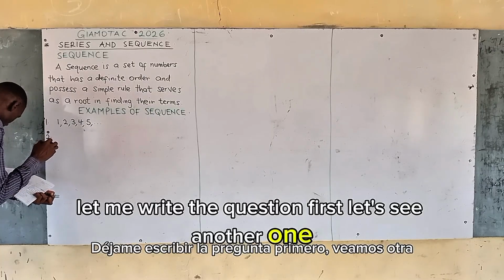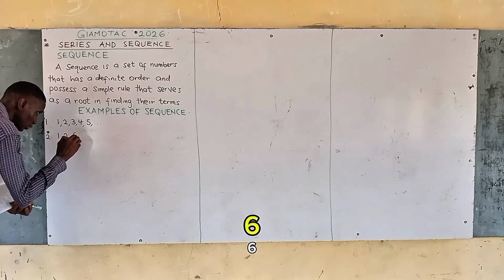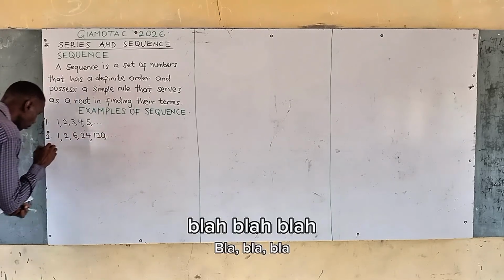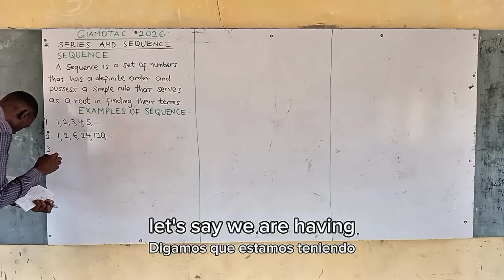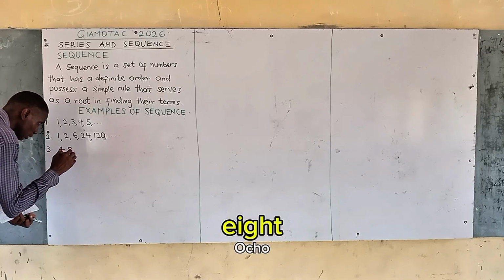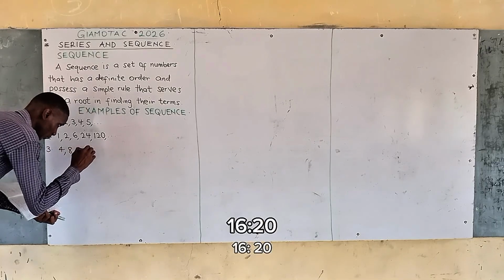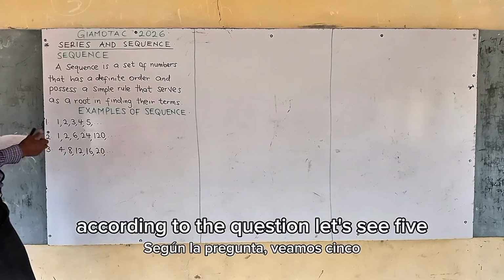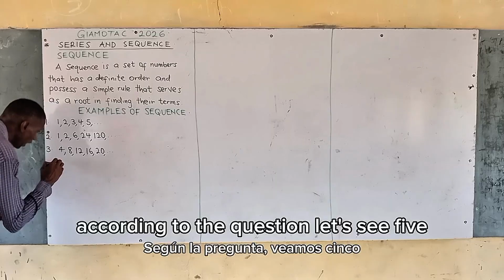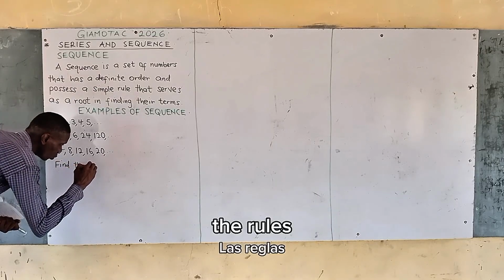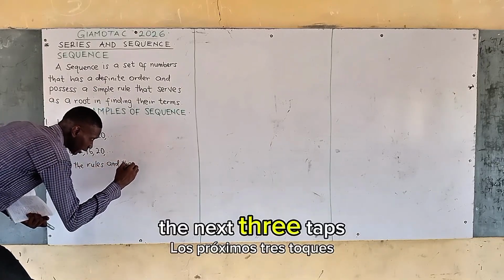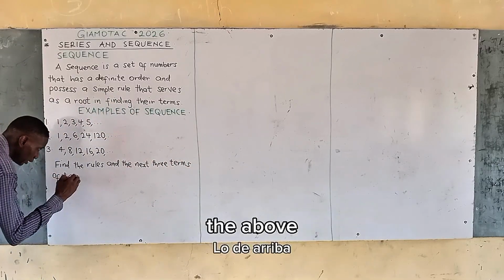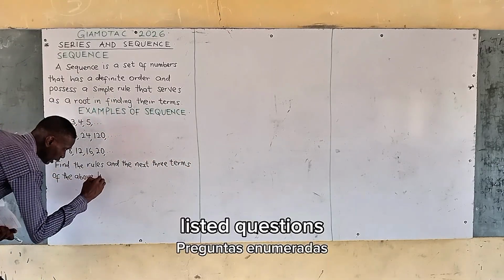Let's see another one. 1, 2, 6, 24, 120, and so on. Number 3. Let's say we have 4, 8, 12, 16, 20, and so on. According to the question, find the roots and the next 3 terms of the above listed questions.